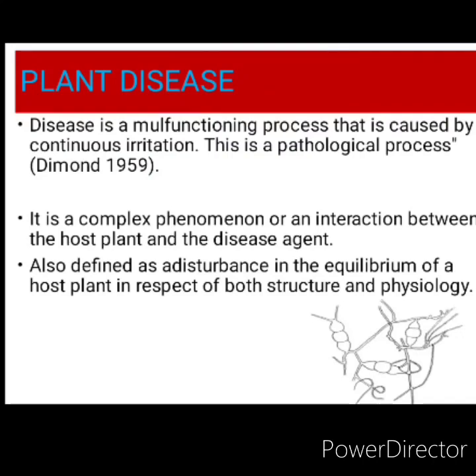So, in other words, we can say disease is a complex phenomenon and is an interaction among the host, the parasite, and the environment. It can also be defined as a disturbance in the equilibrium of a host in respect of structure or physiology or both, which may lead to the death of the entire host.